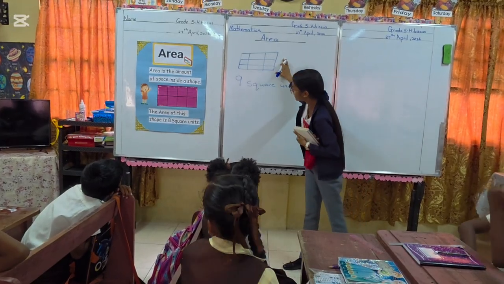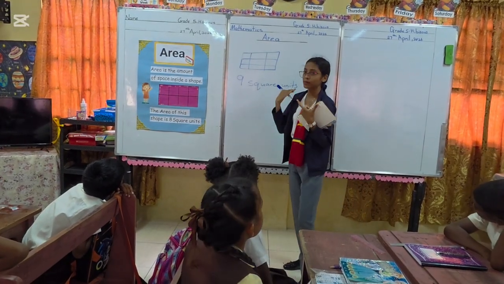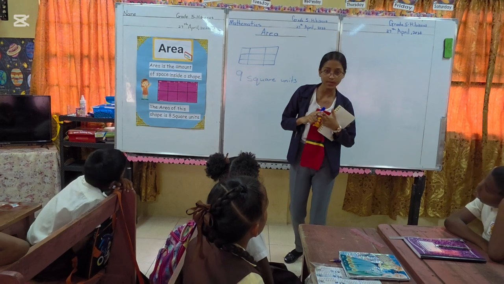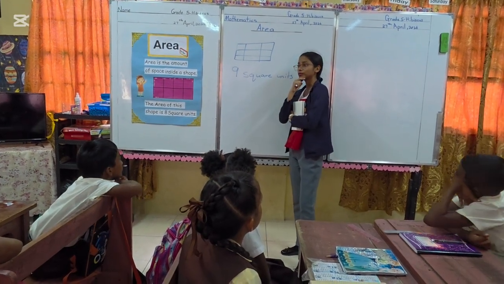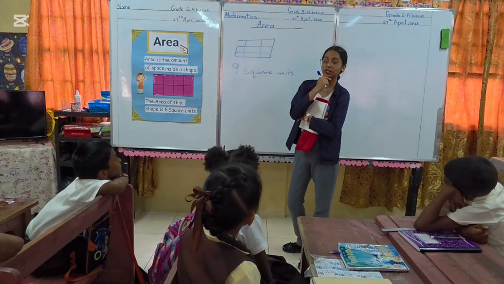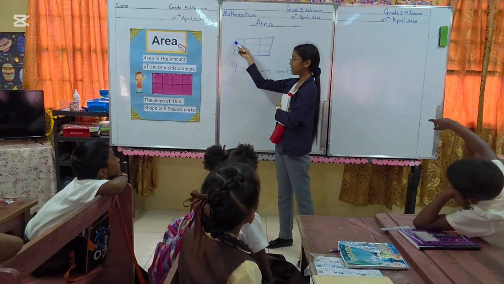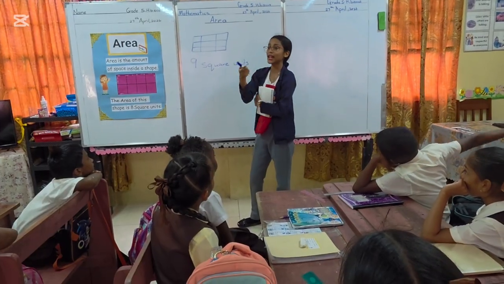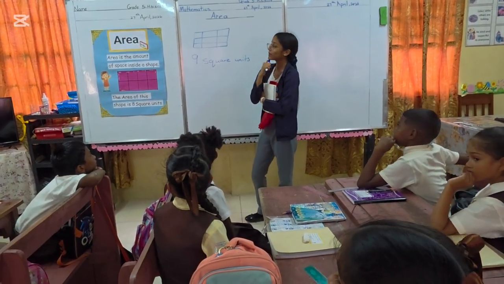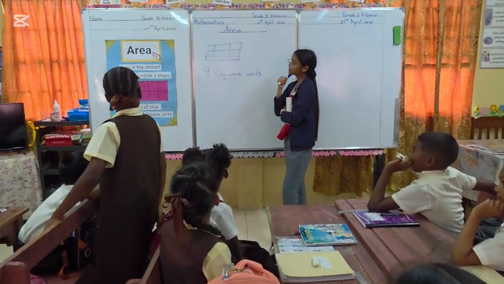So if you notice about this rectangle now, it has both rows and columns. Do you see that? Yes, miss. Which is the row there? Can somebody show me the row? How do we know? You come and point.